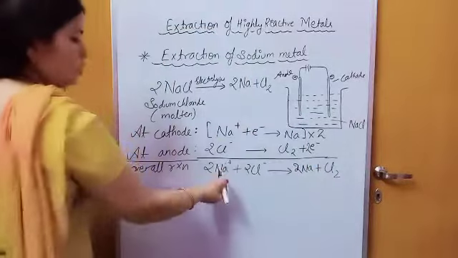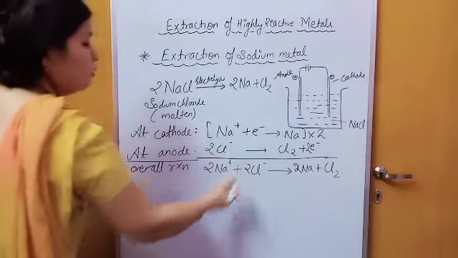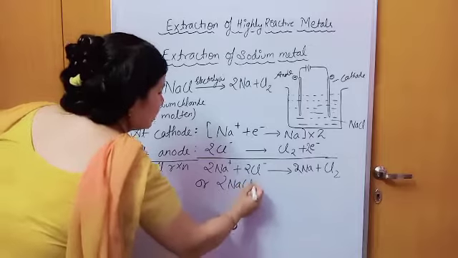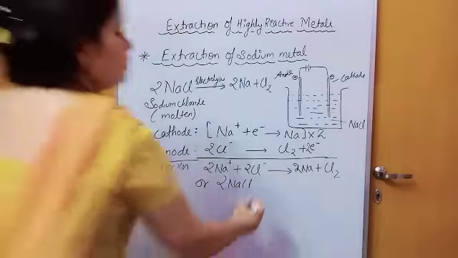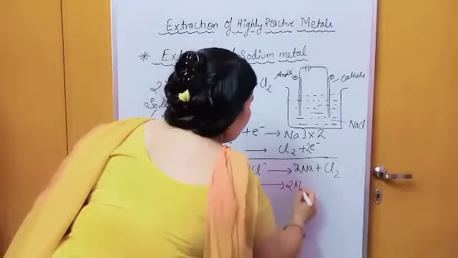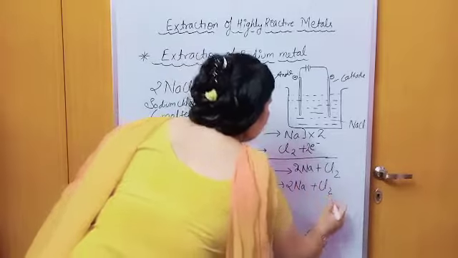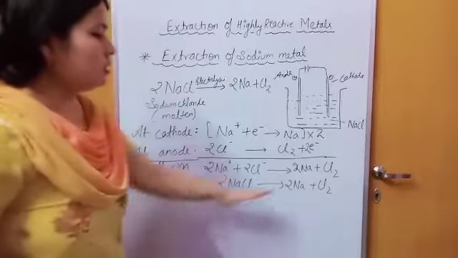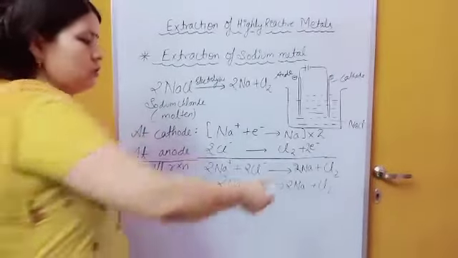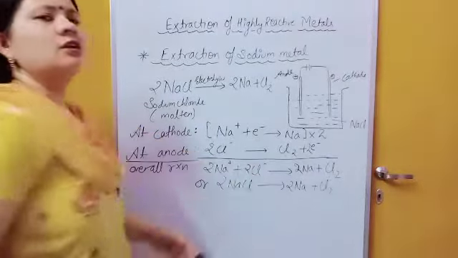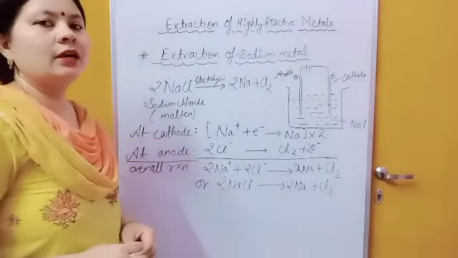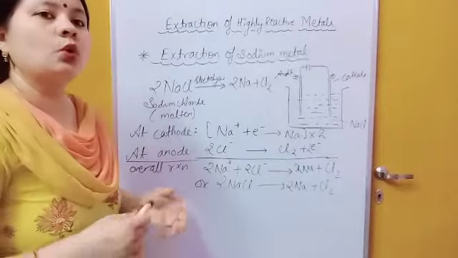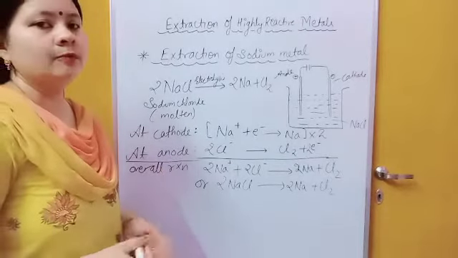Now check, this Na positive and Cl negative, you can write like this, 2NaCl, so it becomes 2Na plus Cl2. So this one is your overall reaction, and by this you can get the metal sodium, and generally with electrolytic reduction we get pure metal, and highly reactive metals we can extract only with the help of electrolytic reduction.